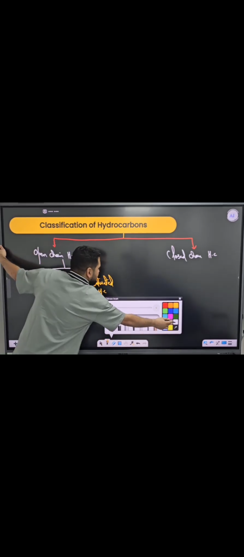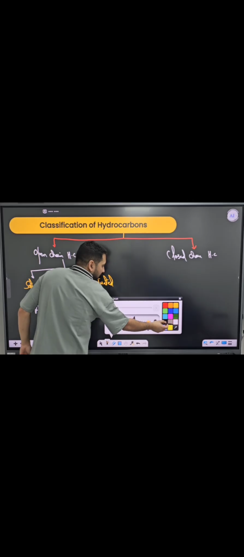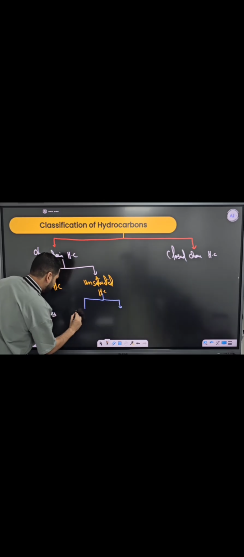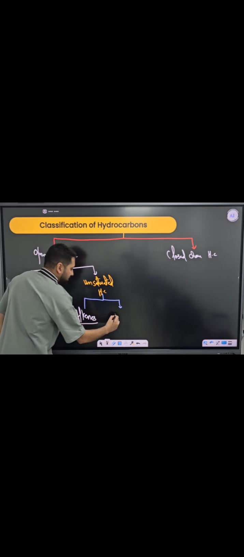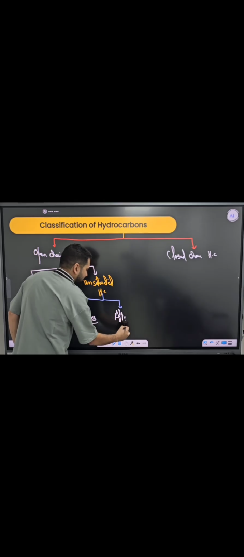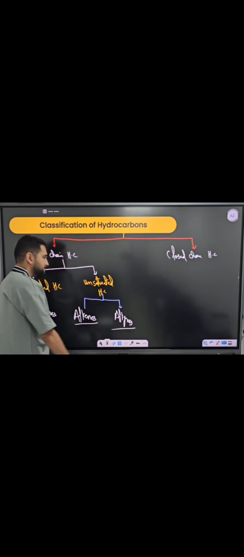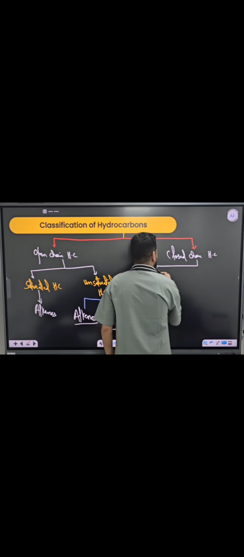And let me tell you guys, these saturated hydrocarbons are classified into alkanes, and these unsaturated hydrocarbons are classified into alkenes and alkynes, right?